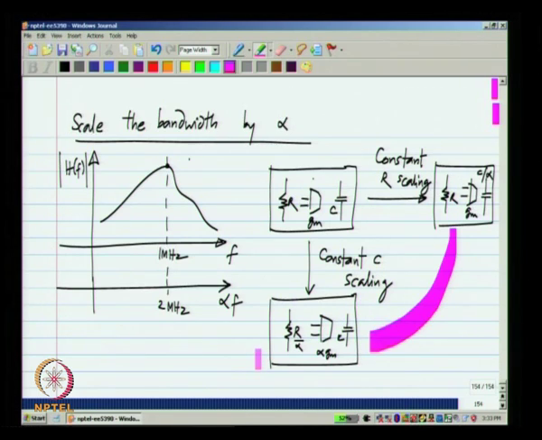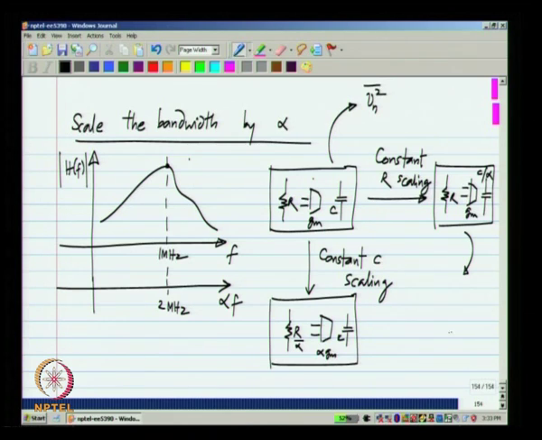But the difference will be in the noise. So, let us say the integrated noise between some nodes of this is Vn square. The integrated noise of this circuit will be alpha times Vn square, and the integrated noise of this circuit will be Vn square itself.